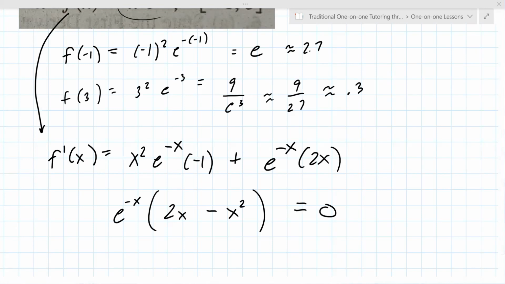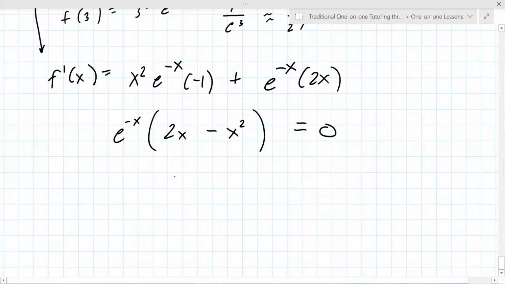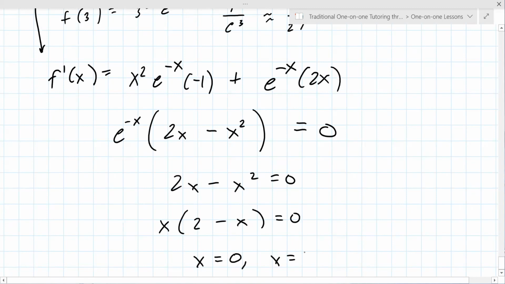So now you're going to set 2x minus x squared equal to 0. E is never equal to 0, by the way. So you can factor out an x. So you have 2 minus x equals 0. So x equals 0 or x equals 2.